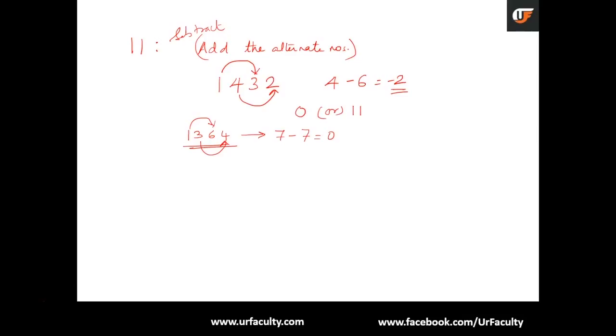We'll take a bigger number, 1, 4, 5, 6, 7, 8, 3, 2, 1. And the question is to check if this number is divisible by 11 or not. We have to sum up the alternate numbers. 1 plus 5 is 6, 6 plus 7 is 13, 13 plus 3 is 16, 16 plus 1 is 17. Then 4 plus 6 is 10, 10 plus 8 is 18, 18 plus 2 is 20.